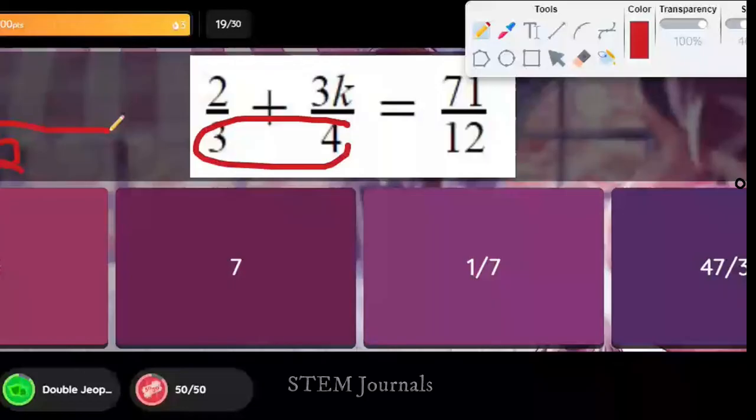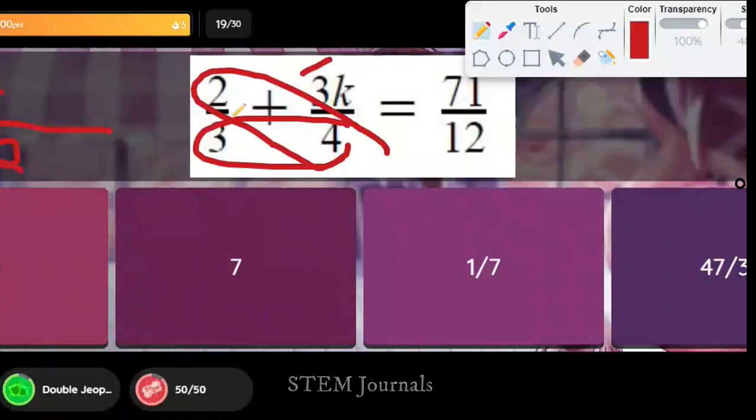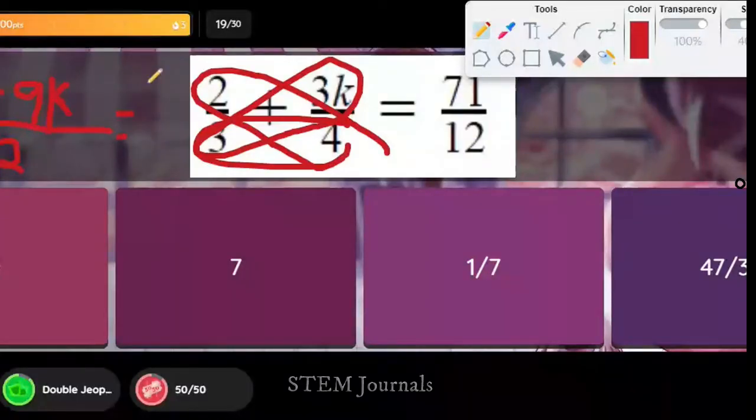And then cross-multiply na for our numerator. 2 times 4, that is 8. And then, plus 3 times, kabila naman, 3 times 3K, that is 9K. Equals 71 over 12.